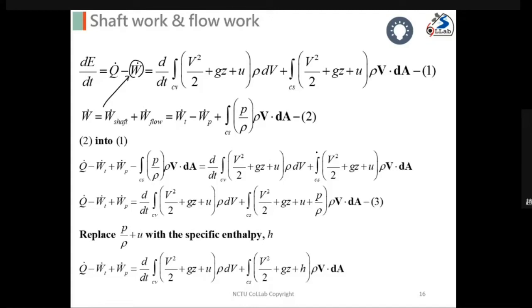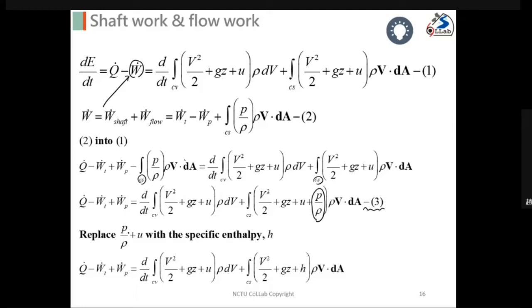And the right-hand side is written based on the Reynolds transport theorem, replacing the small b by the energy items per unit mass. So we just take a look. There are two integrations along the same domain, the control surface. So we just put two items together. So on the right-hand side here we have additional pressure items.